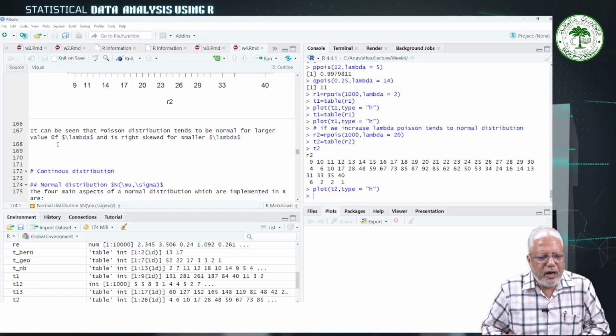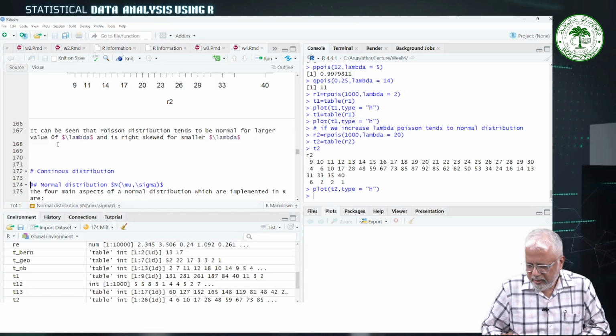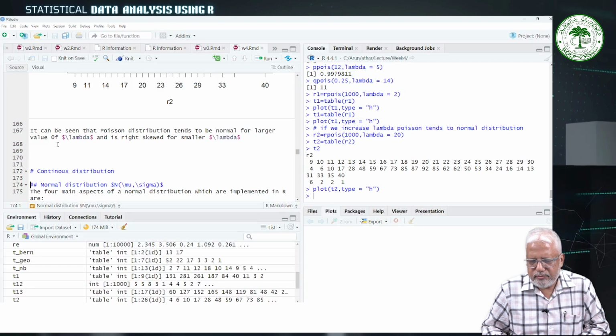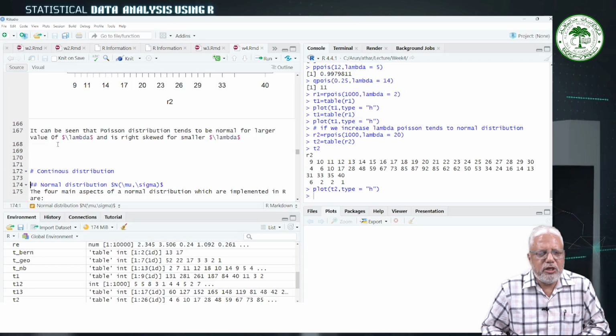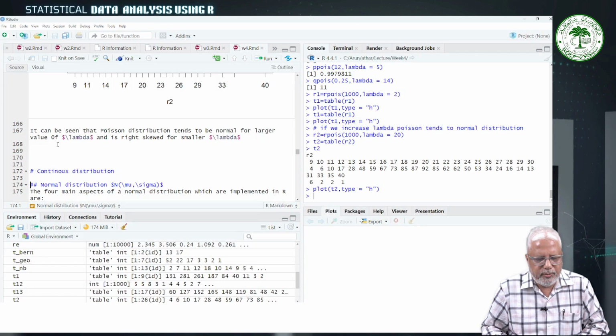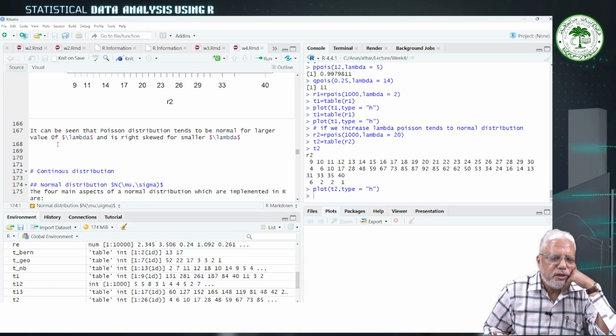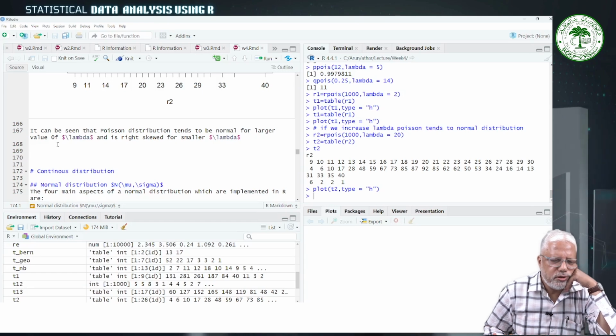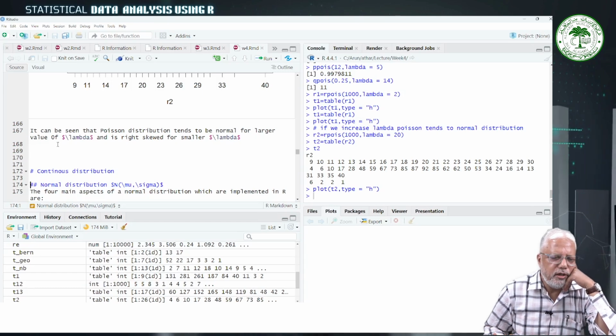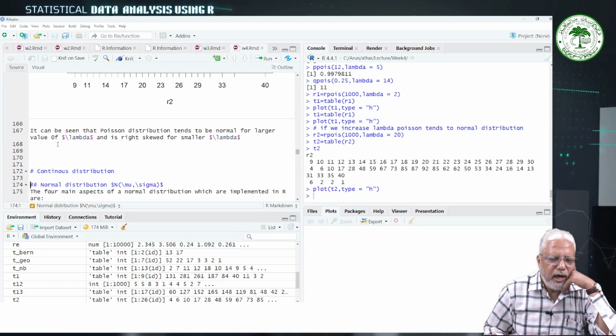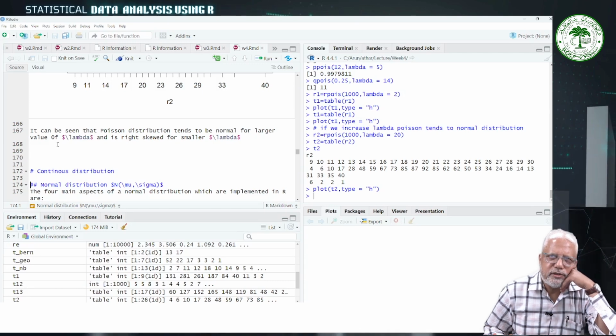I have already told you the feature of a discrete distribution: it talks about probabilities on discrete points, whereas continuous talks about an interval, like the height of students in a class.